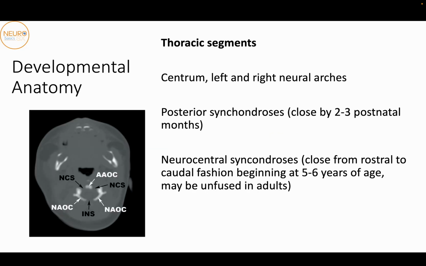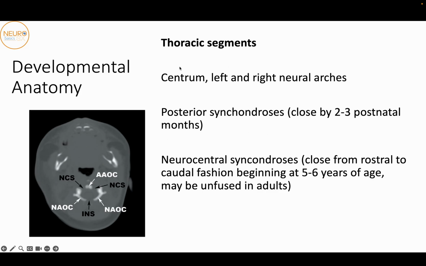Similar to the concepts we learned last week with reference to subaxial spine, it's more or less a similar idea. So, how these vertebral segments arise is basically through three ossification centers. There's a centrum, there's a left and a right neural arch. Between this, you've got the synchondroses. You've got the posterior synchondrosis between the two neural arches, and then you've got the neurocentral synchondrosis between the centrum and the neural arches.